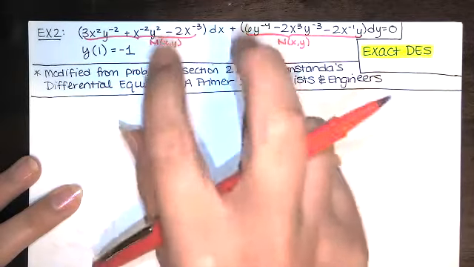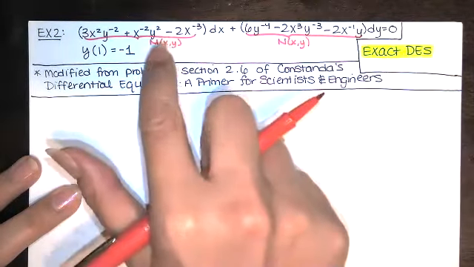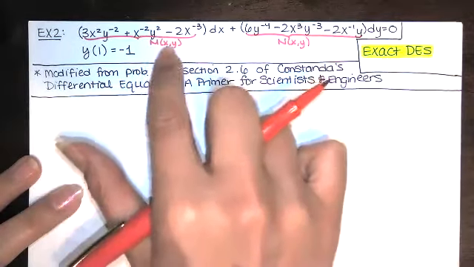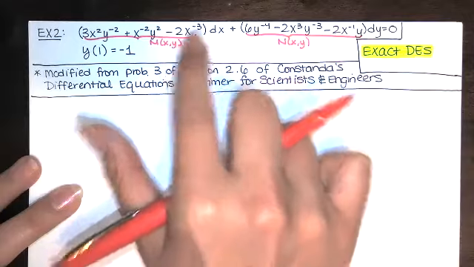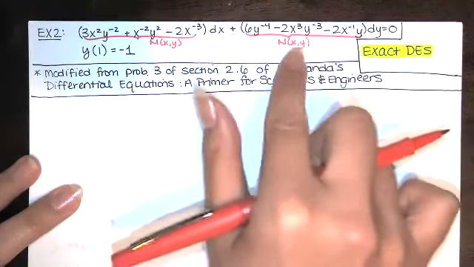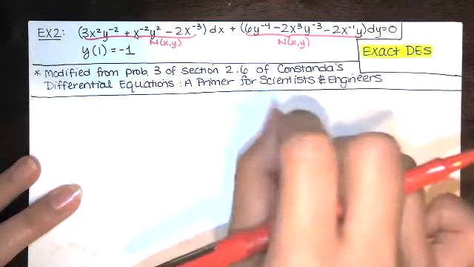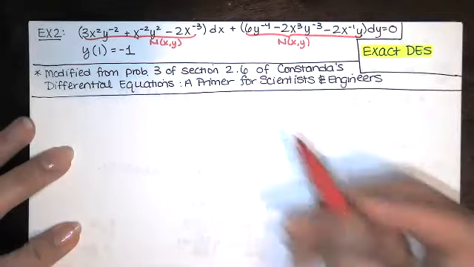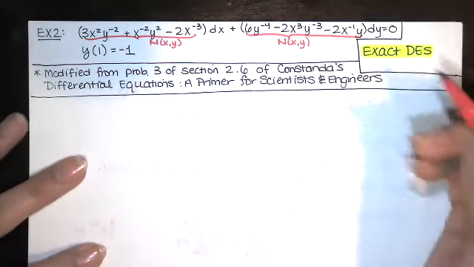Now, if you're not sure how to remember which one is which, it's not the variable that's multiplying it, but the other one. So I want to take the derivative of this function, not with respect to x, but with respect to y. And I want to take the partial derivative of this function, not with respect to y, but with respect to x. If those two are equal to each other, then the differential equation is exact.